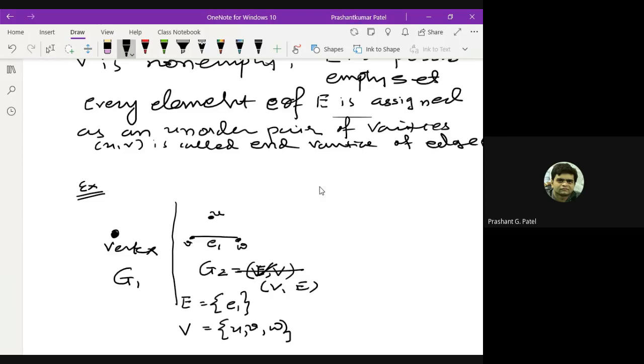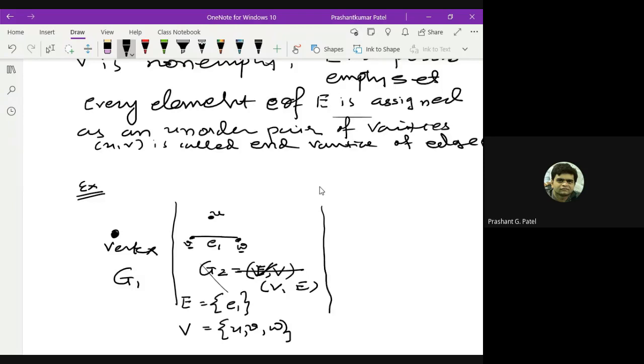So it is an ordered pair where first will denote the vertex set, which is u, v, w. Edge set is E1. And every element of this edge set, that is E1, is assigned an unordered pair of vertices. So this E1 is assigned end vertices, that is v and w. So all this together forms a graph.